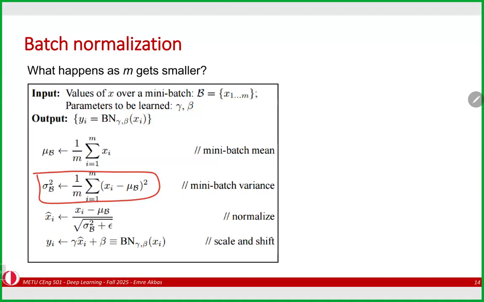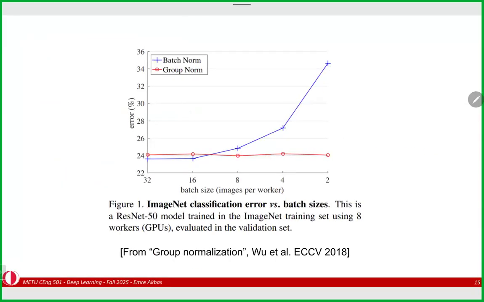And the batches that you get will be less and less representative of your data set. They are already not very representative, but as you make them smaller and smaller, you will get less and less representative batches.